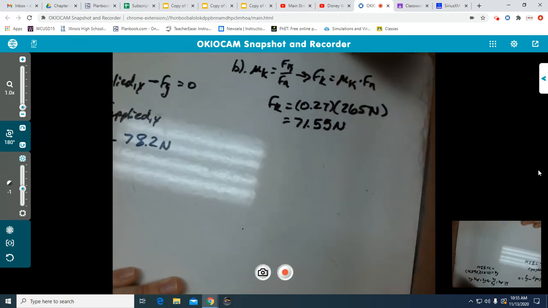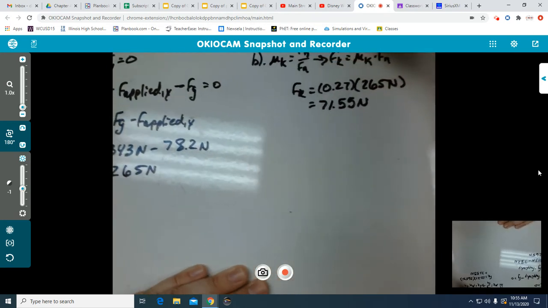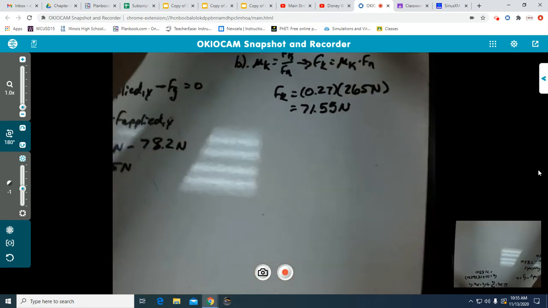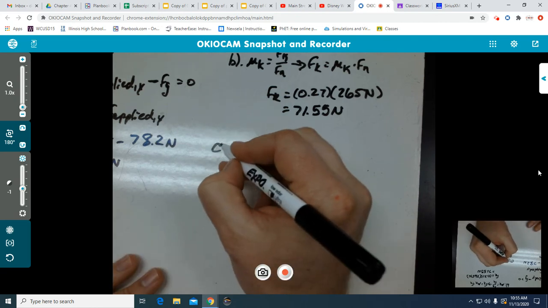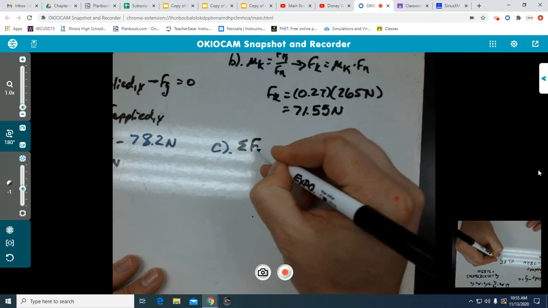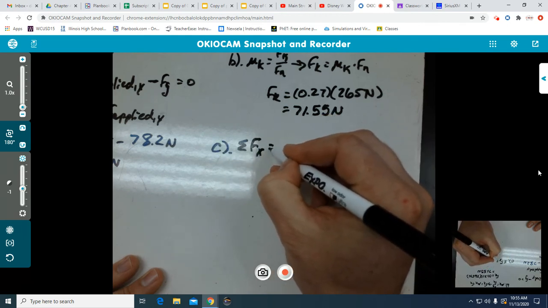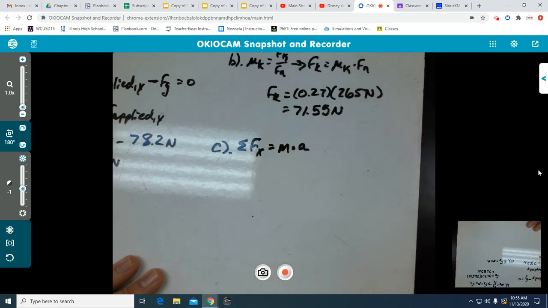Part C is our final part, where we are going to solve for the acceleration of the box of books. We are using Newton's second law, where we take the sum of all forces in the x direction and set them equal to mass times acceleration.